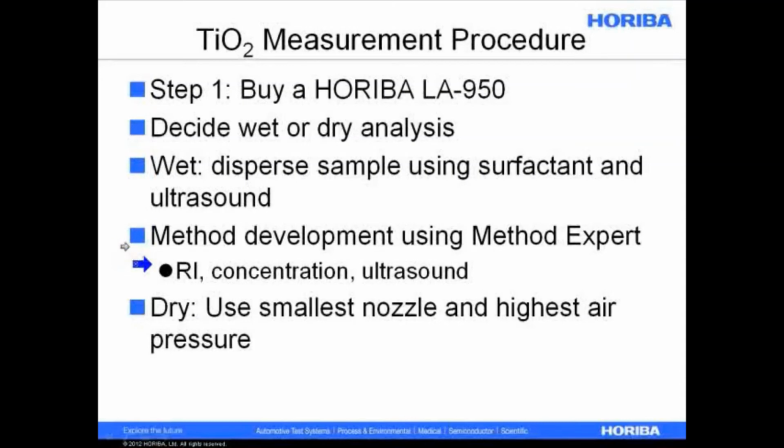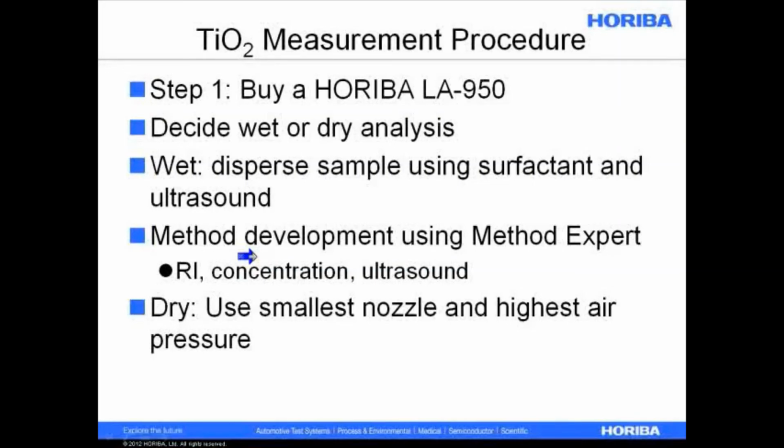And when we're doing this, if we're using the LA950, we could be using our Method Expert software features where we can automatically look at the effect of anything that might affect the result, such as the choice of refractive index. The concentration we measure at turns out to be fairly important for pigments. Pigments are one of the samples that are fairly sensitive to concentration.